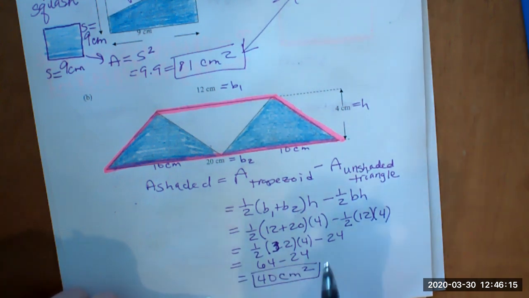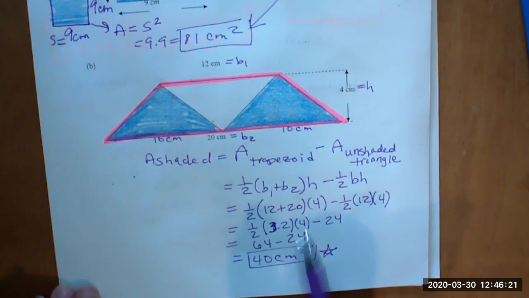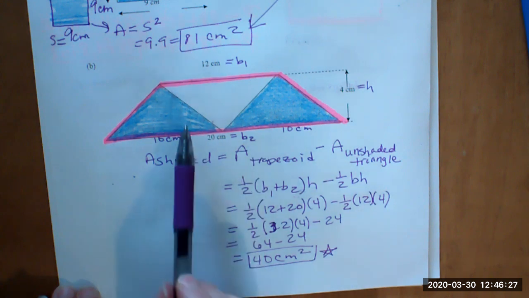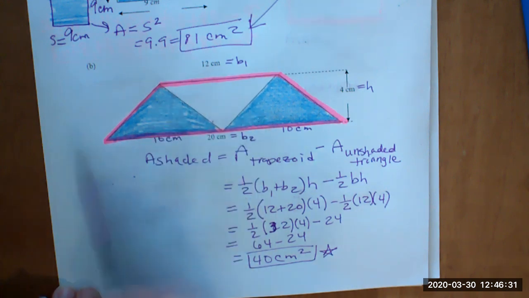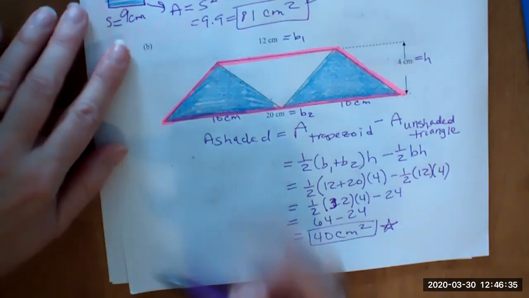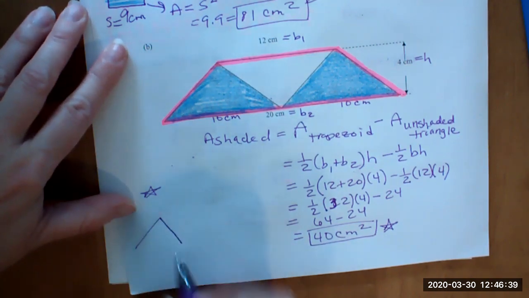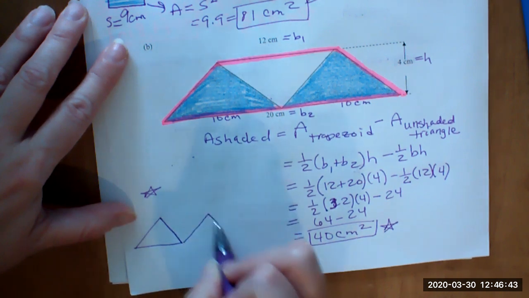Now again, I want you to notice an alternate method here. Here we did this by subtracting out the unshaded area. But I could have actually just calculated these areas directly in this case. If we draw this diagram again, just notice that what you have are two shaded triangles.